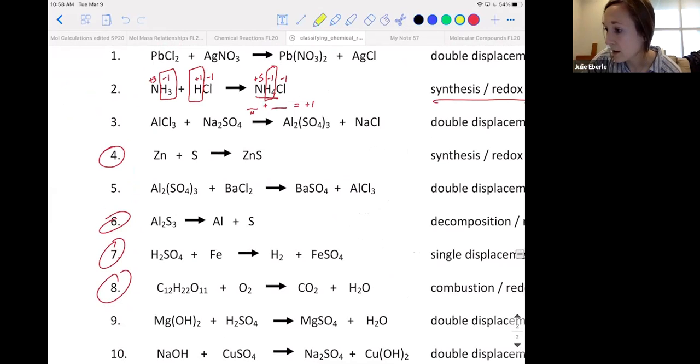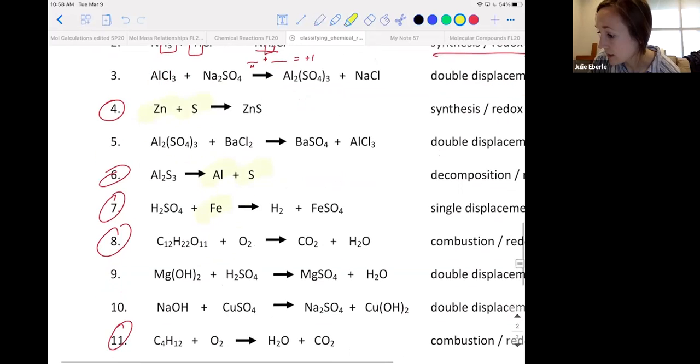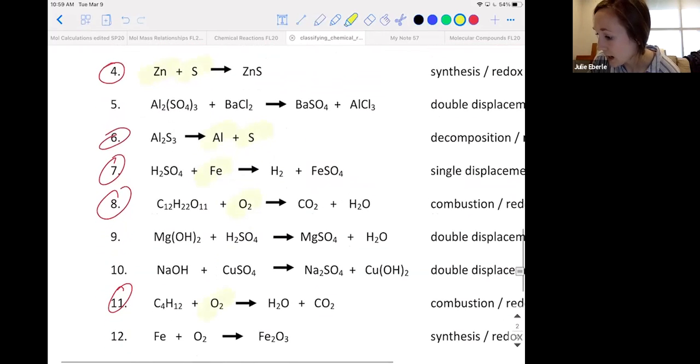When you have elements that are by themselves, I'm going to highlight anytime I see an element by itself, and then it's in a compound on the other side, I know this is a redox reaction. Okay. Why? Because when something is by itself, it has an oxidation number of what? Zero.